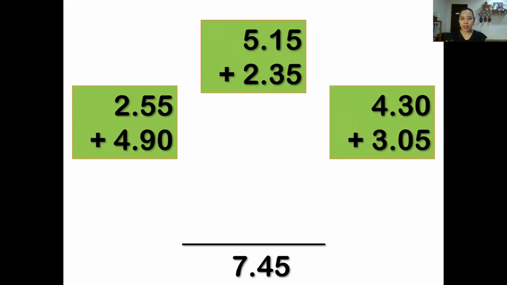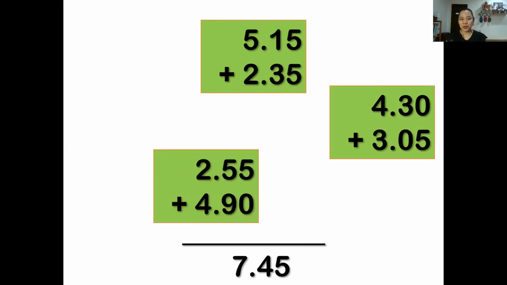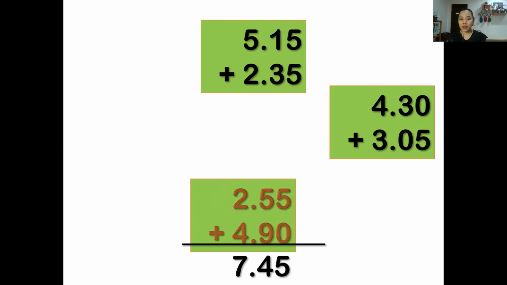Look for the amount of money that is equal to $7.45. Yes, you found the answer? I'm sure. $2.55 plus $4.90 is equal to $7.45.